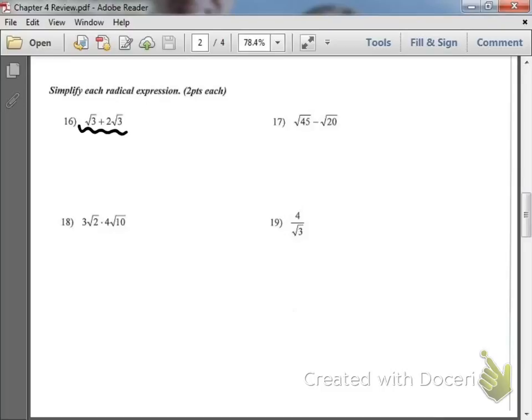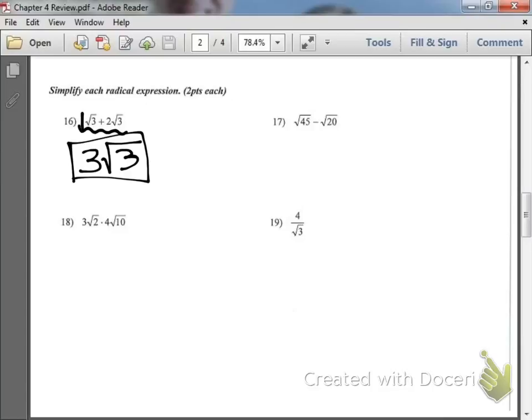Do they match on number 16? So you can add the numbers in the front, the coefficients. What's 2 plus 1? So you have a 3 on the outside. Do you change the 3 on the inside? No. When you're adding and subtracting, you just leave it the same. Good. So 16, they were already what we call like radicals, so you could just add the coefficients, keep the radical the same. Are they like radicals on number 17?